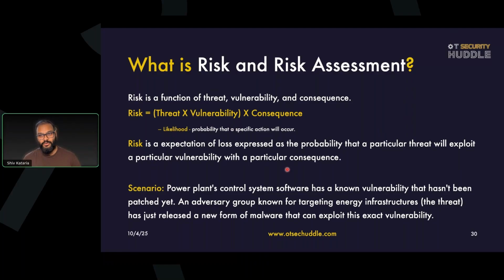And then you came to know that a specific adversary group is targeting the same vulnerability, with a new type of malware that will try to get into the system and exploit it. Previously you knew there was a vulnerability, but there might possibly be no malware or exploit available, so you would simply document that vulnerability. But now it could convert into a risk, causing shutdown of the plant itself.